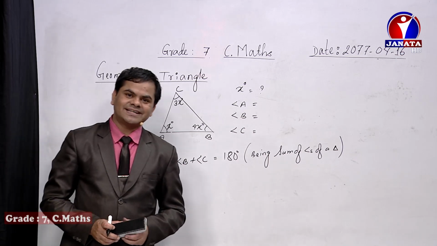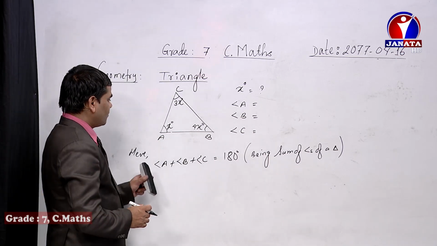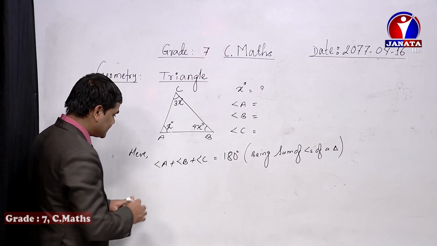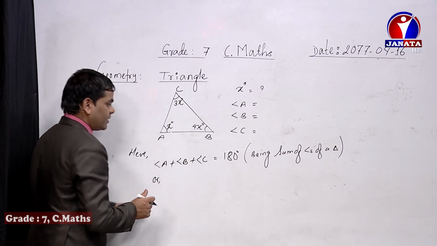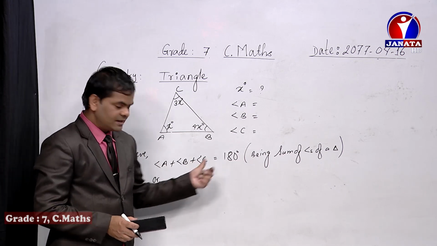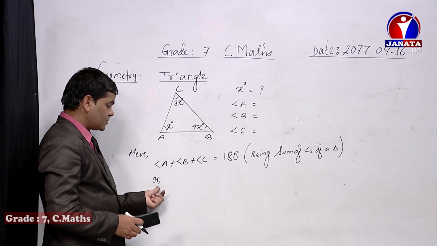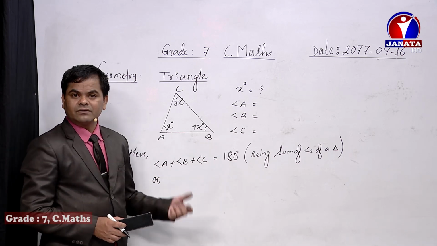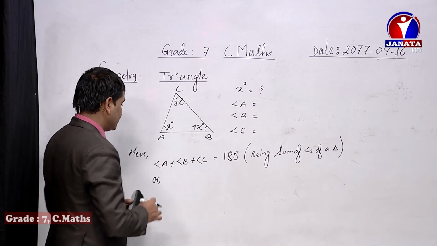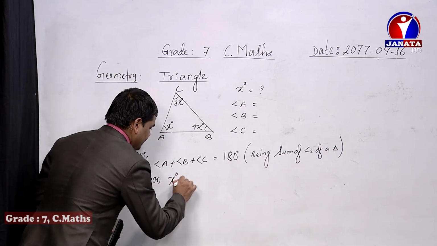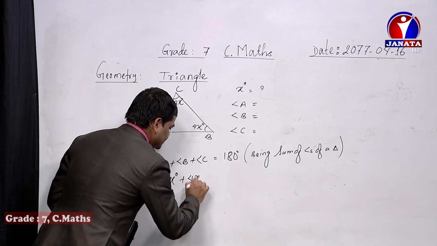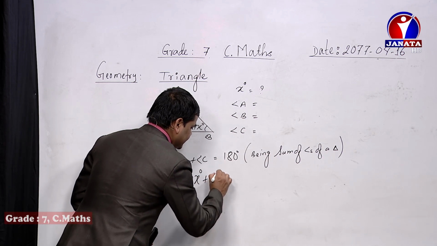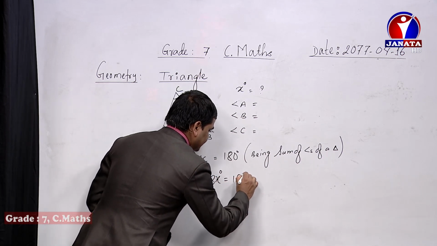becomes 180 degree. Now what is given in the place of angle A? x. So as we use the equal sign in the middle after the first statement, we need to write it in the second and third statements gradually, isn't it? So x degree plus angle B is given as 4x degree, so 4x degree, plus angle C is given as 3x degree, so 3x degree equals 180 degree.